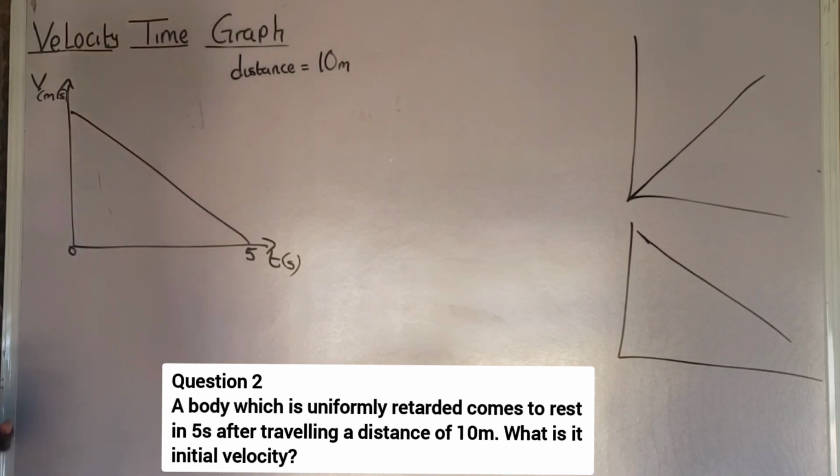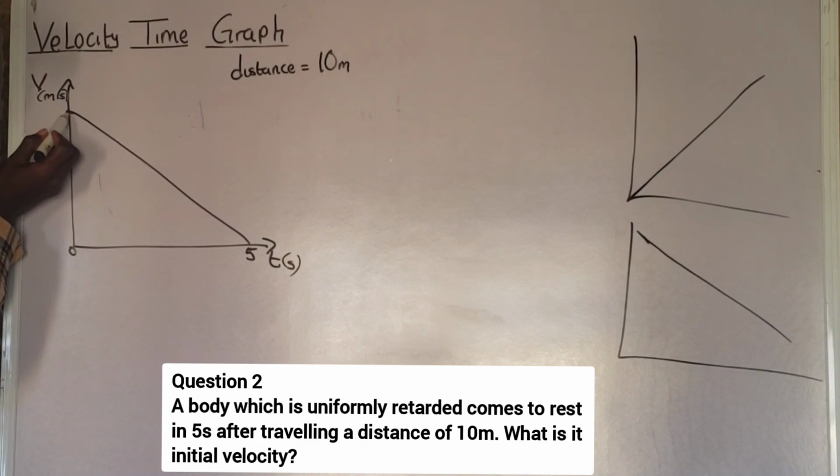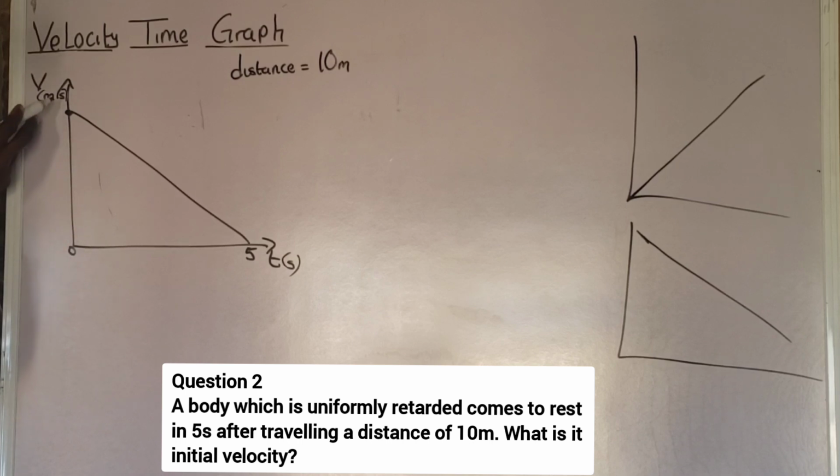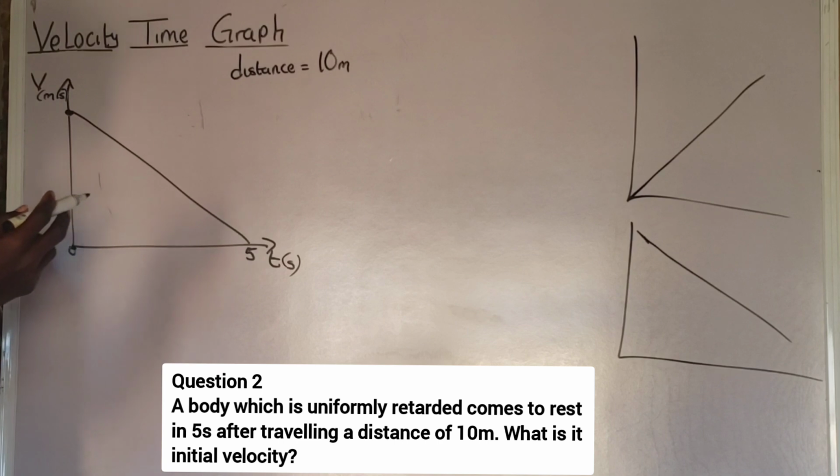This is the height. Is that not it? The height is on the y-axis. And if the height is on the y-axis, that means velocity is also on the y-axis. So the distance from this point to this point is the height. That is what I'm looking for. Now, if I get the height of this triangle, that is the velocity.